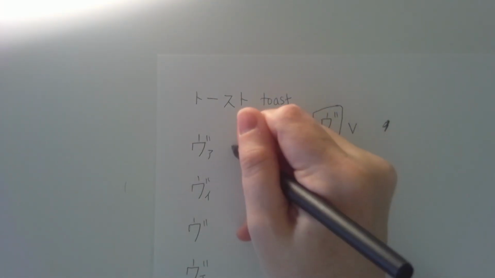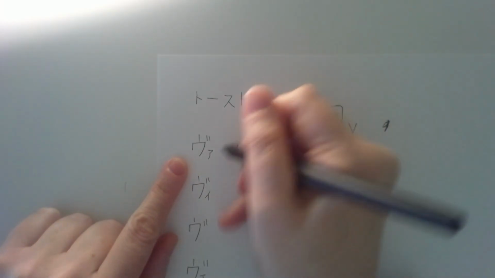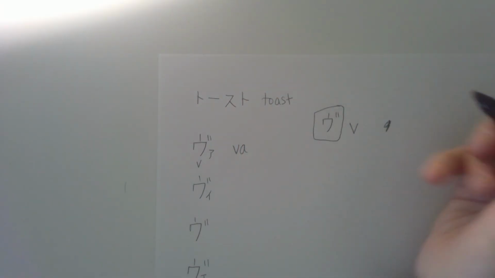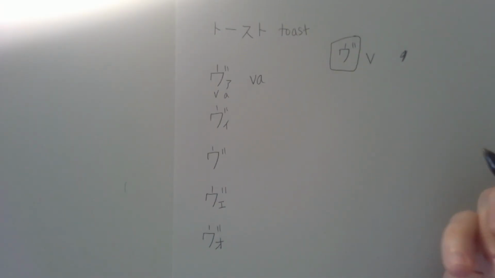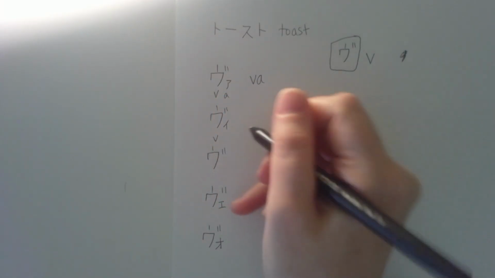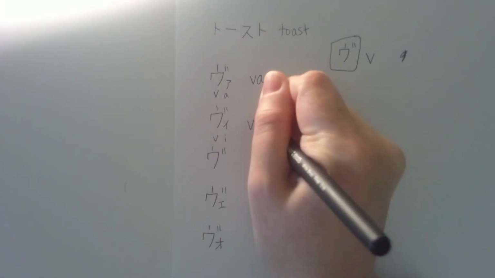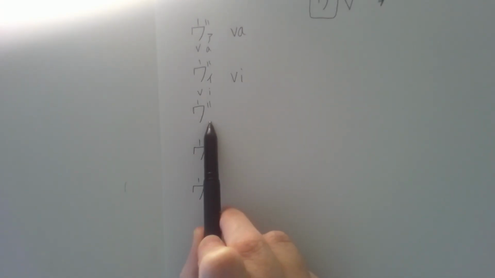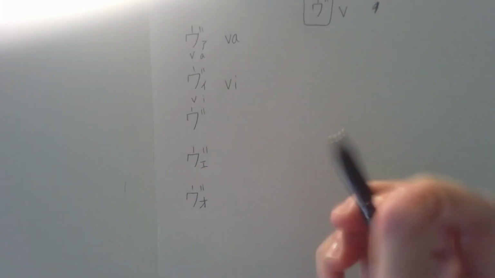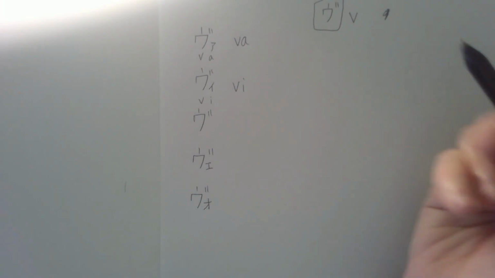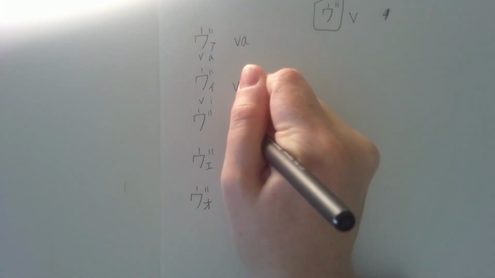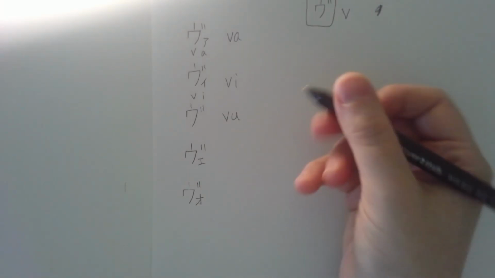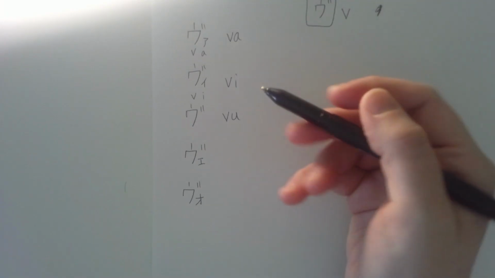So we have a v, remember this is v, and then a small a, so this is va. Then we have v again and an i, so vi. You can't really add a u to a u, but by itself it can just be vu, like if there's nothing there.